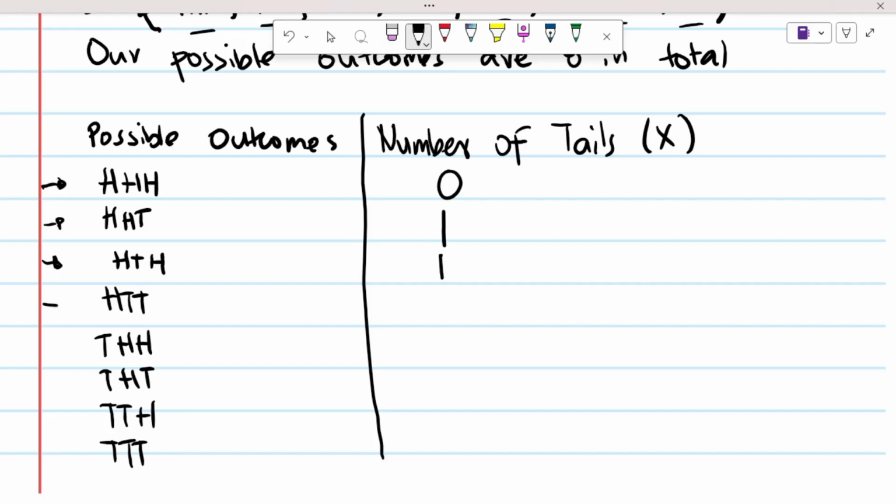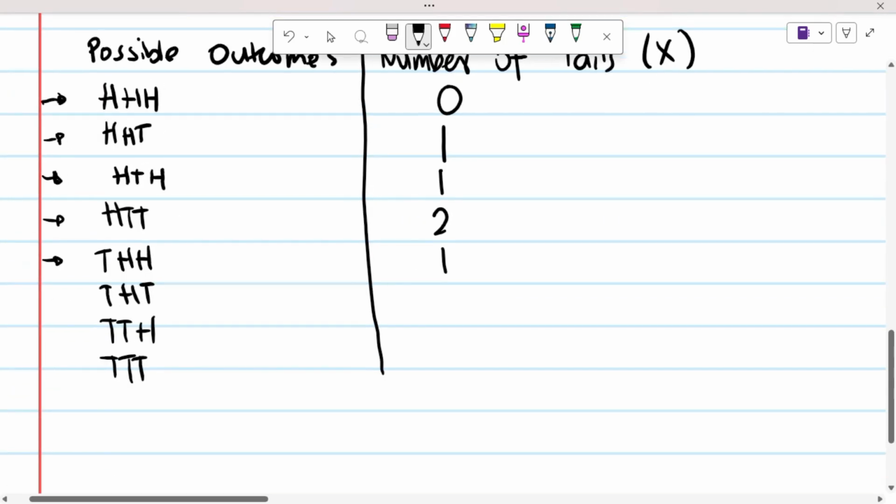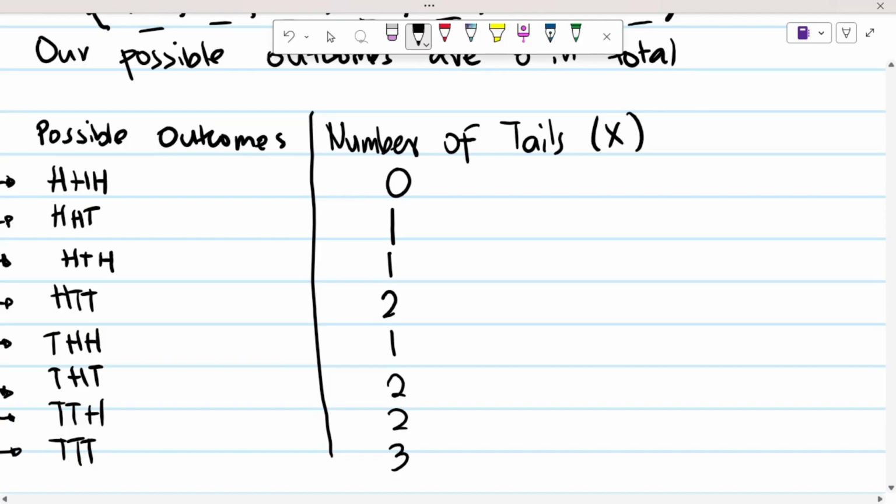For the fourth outcome, we have 2 tails, right? And for our fifth outcome, how many tails do we have? We have 1 tail. For our sixth outcome, we have 2 tails. For our seventh outcome, we have another 2 tails. And for our last outcome, we have 3 tails.